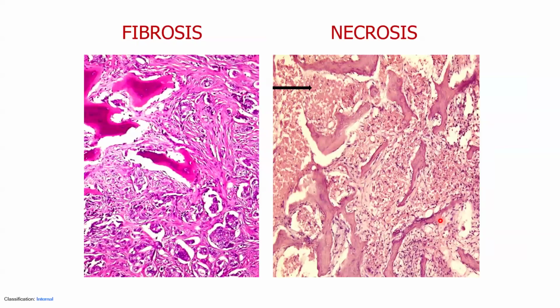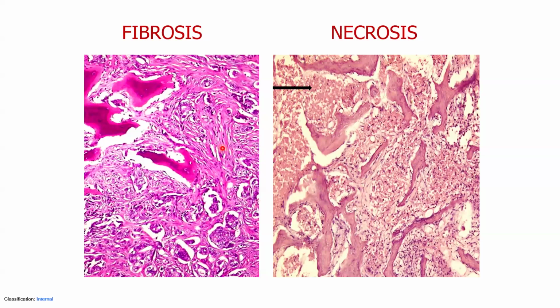The other things that you come across in metastatic disease are associated fibrosis and necrosis. And we know that the bone marrow biopsy is not uniformly involved when it comes to metastasis. There may be only focal involvement, but if you come across fibrosis or necrosis, then it could mean that there are other areas of the marrow which could have a metastatic deposit or something else, maybe infections also.